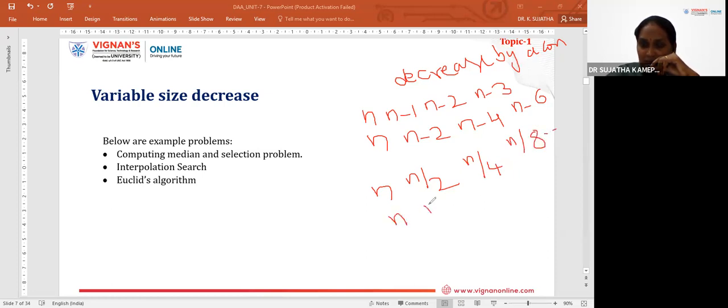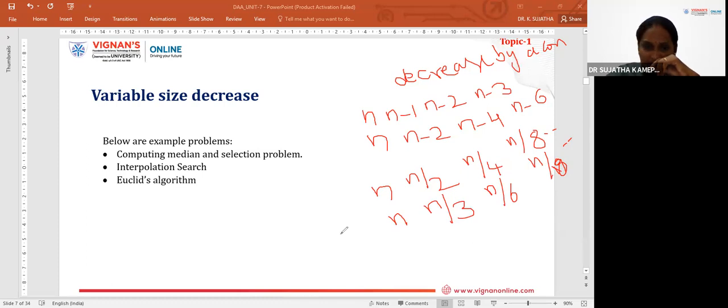If your problem is decreased by a factor of 3, in the next iteration it becomes n by 3, then n by 9, then n by 27, like that it will be presented.